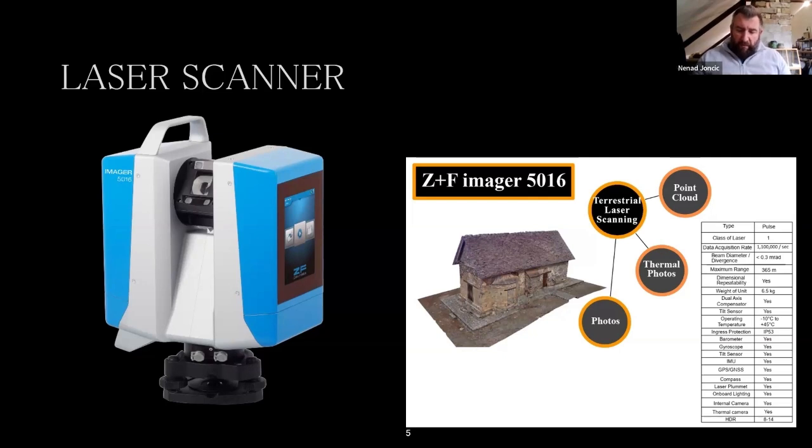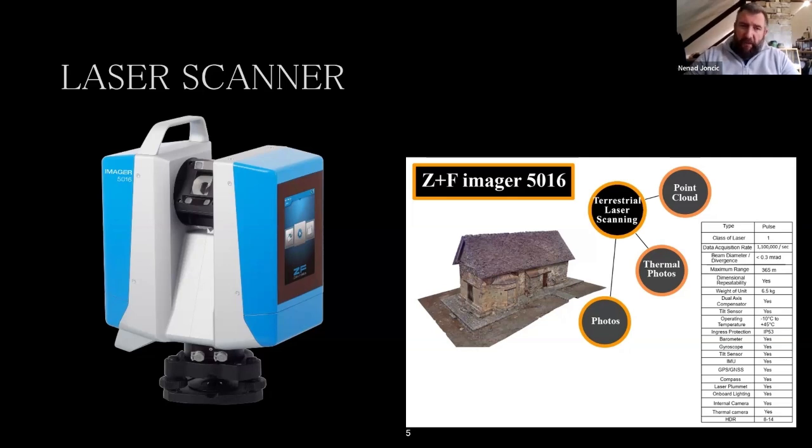All of these different techniques and methods give you different possibilities for working with 3D. With photogrammetry, you can make very small objects up to big sites and even towns. It's kind of similar with the laser scanner. A laser scanner is not built for small objects, but if there is a small object in the scene that you're scanning, you will get a high quality 3D model even of that small object.